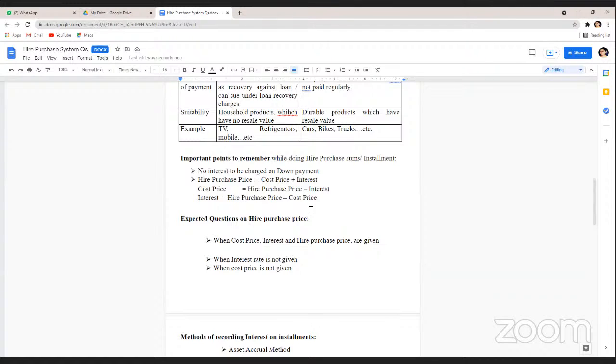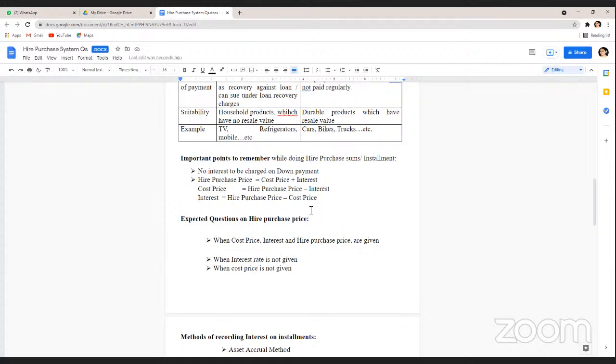Interest is charged on the year ending, so first year ending, second year ending, third year ending, like that based on the number of installments. On the date of purchase, you will pay the down payment, so on the date of purchase we show only the down payment but not the interest. Remember that while doing the sums.